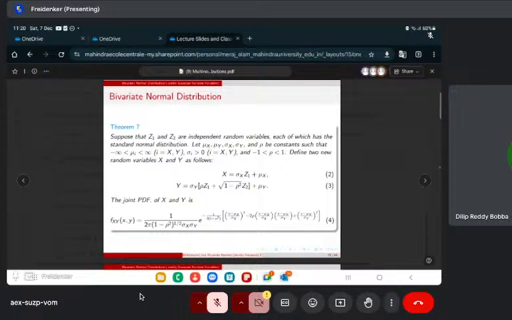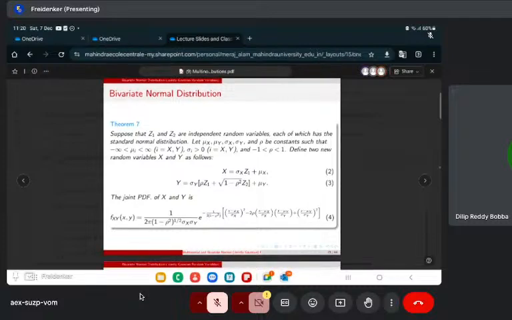Interesting, no? Look at the formula there. Look at the PDF, the joint PDF. Okay, so what is happening here? Suppose Z1 and Z2 are independent random variables, each of which has the standard normal distribution. So we have two independent standard normal random variables, Z1 and Z2.